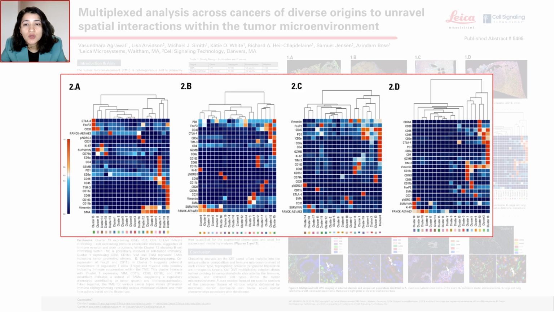And cluster 1 in colon adenocarcinoma expressing vimentin, CD11c, CD68, CD163, and TIM3 potentially indicates a subset of TAMs, suggesting a regulatory phenotype contributing to tumor growth and immunosuppression.